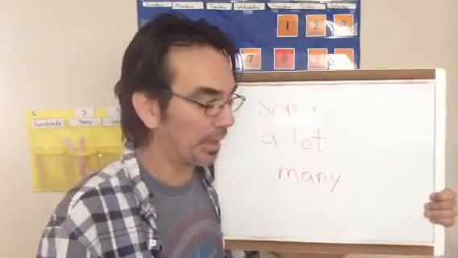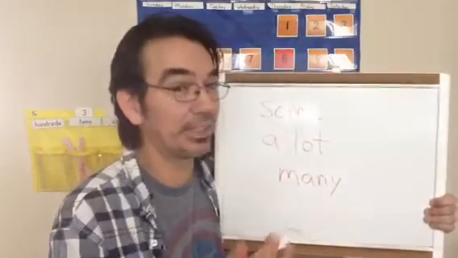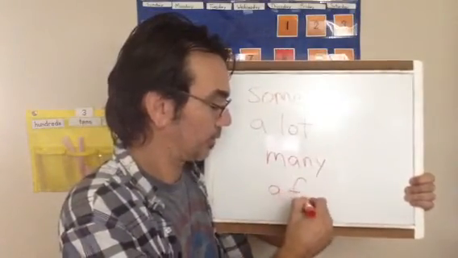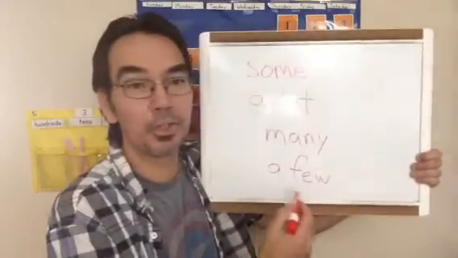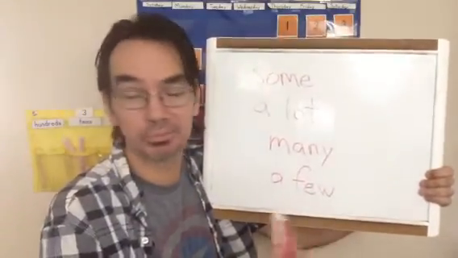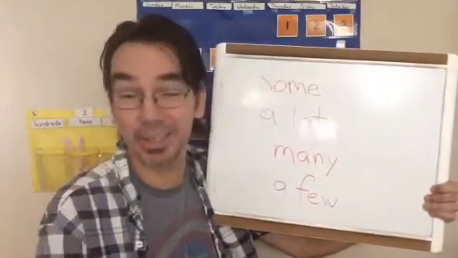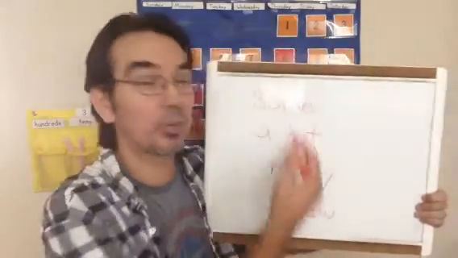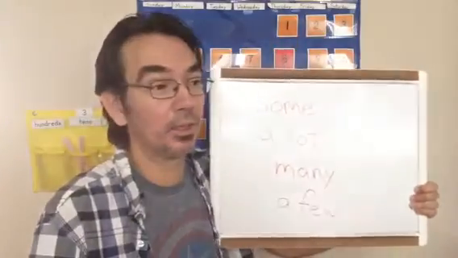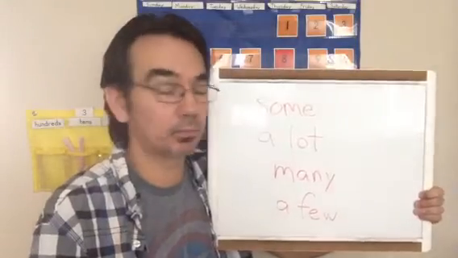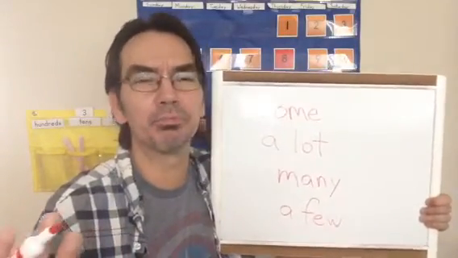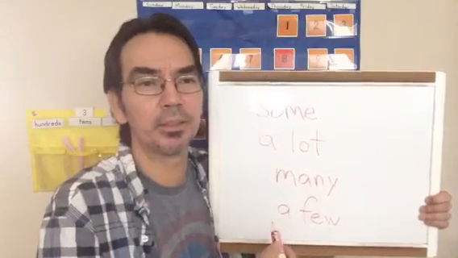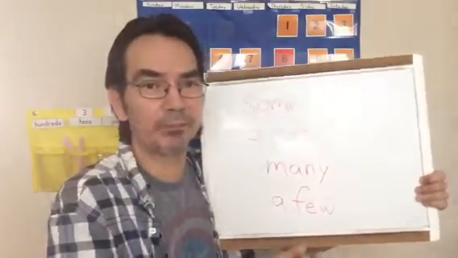Now, the last one I'm going to go over today is like the opposite of that: a few, just a few. That means you have like 2 or 3, but again, not an exact number, but a few. So these are some ways that we could describe numbers without giving an actual number. Some, a lot, many, and a few. Okay? All right.